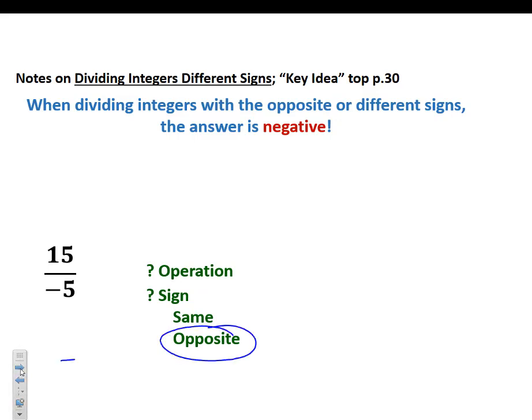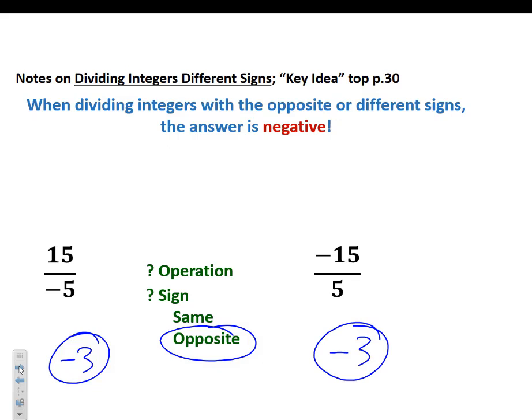We know the answer is negative before we even do the other math. And 15 divided by 5 is 3. I was given the answer before I finished the problem. And of course, if it's negative 15 divided by a positive 5, again, we're dividing, the signs are different. We know our answer before we do the division, and 15 divided by 5 is 3. So our answer, negative 3.